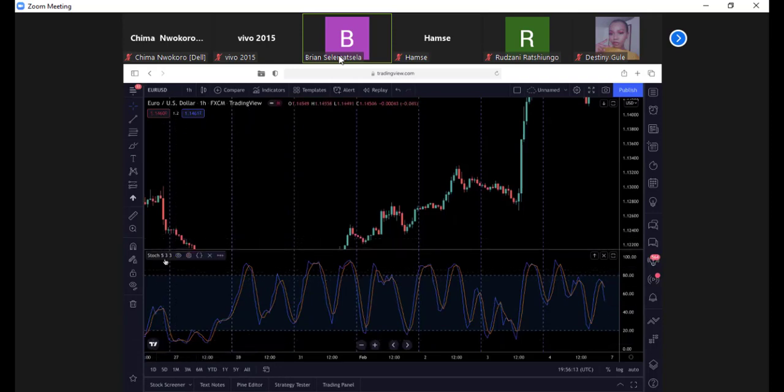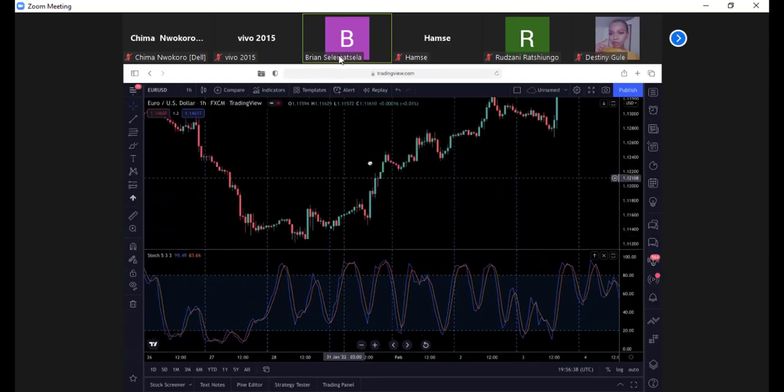Now, when you don't change any settings, it will give you a stochastic chart that the majority of people use. It will give you the chart movement in the standard that everyone uses, that kind of a chart.